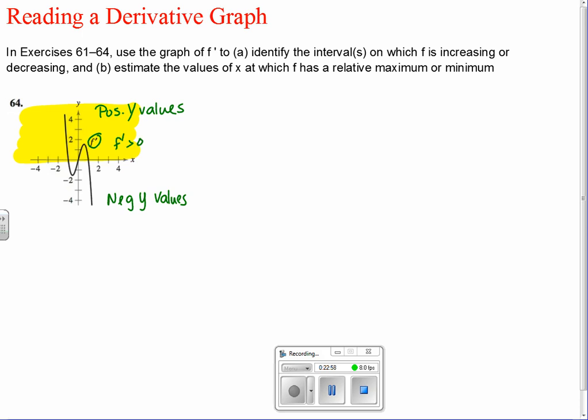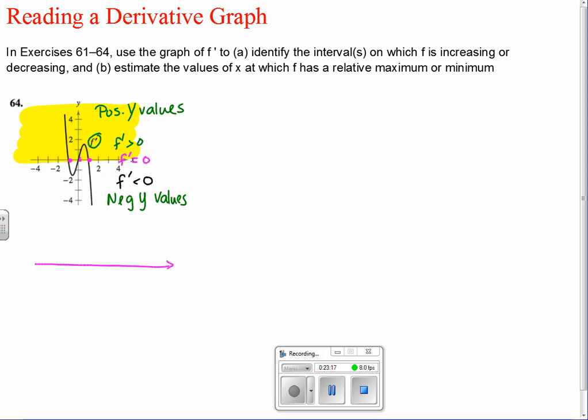And when it's residing below, down here, my first derivative is less than 0. So I have increasing and decreasing functions off of this. I can pick it up. So what is happening when it resides on the x-axis? Well, that's where my f prime is equal to 0, right?